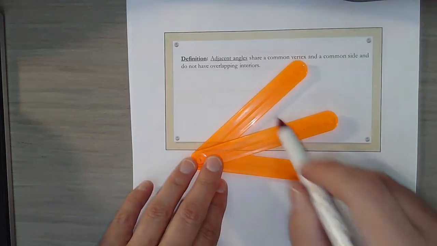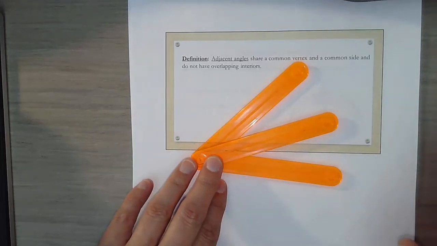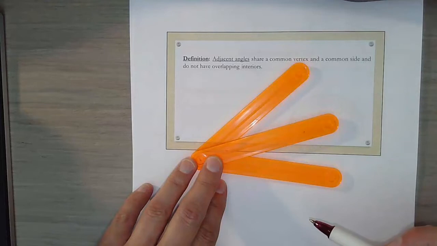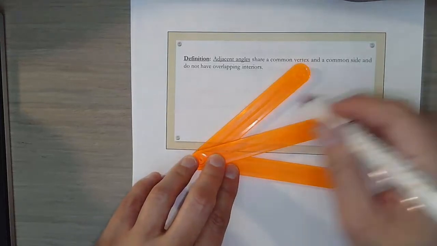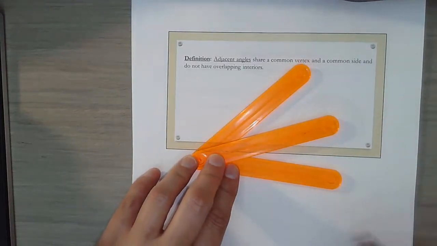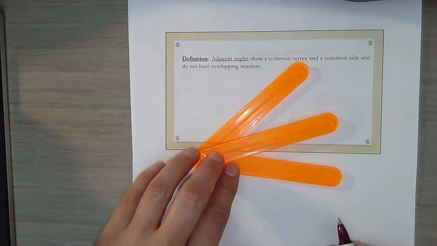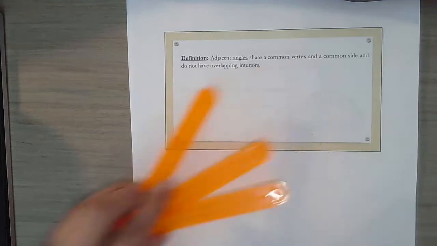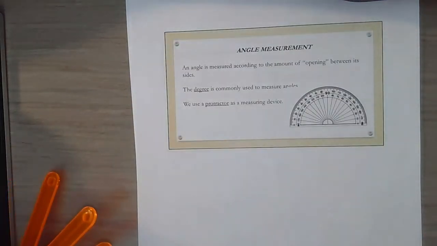So this angle and this angle are completely separate, but they share the same side. And so we have interior, interior right here. That's all that adjacent means. It means they're side by side, but there's no overlap to them.